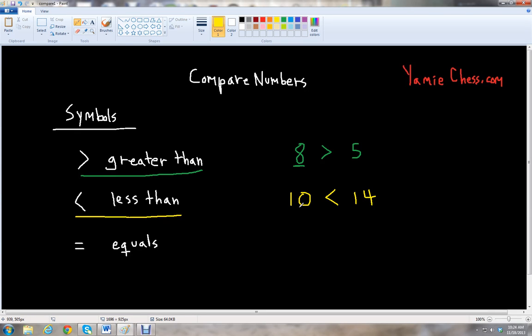So this means that 10 is less than 14. Notice that the mouth on the less than symbol is eating the greater number, which is 14.